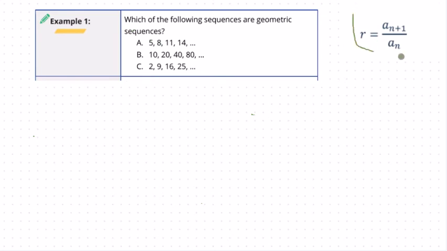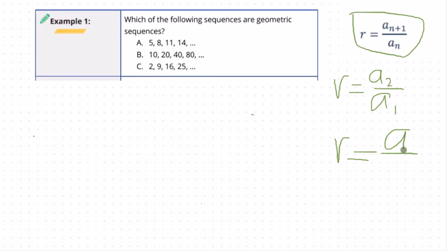Using this formula, you start with the second term, a sub 2 divided by a sub 1, or a sub 3 divided by a sub 2, and so on. Now if the answer is common, that means this is a geometric sequence.